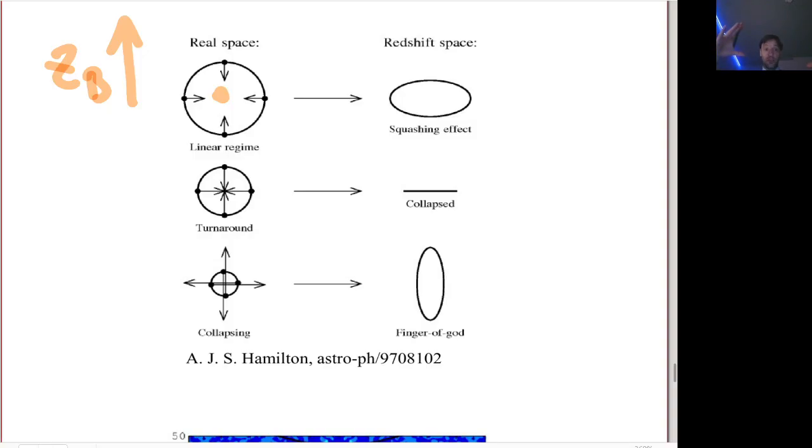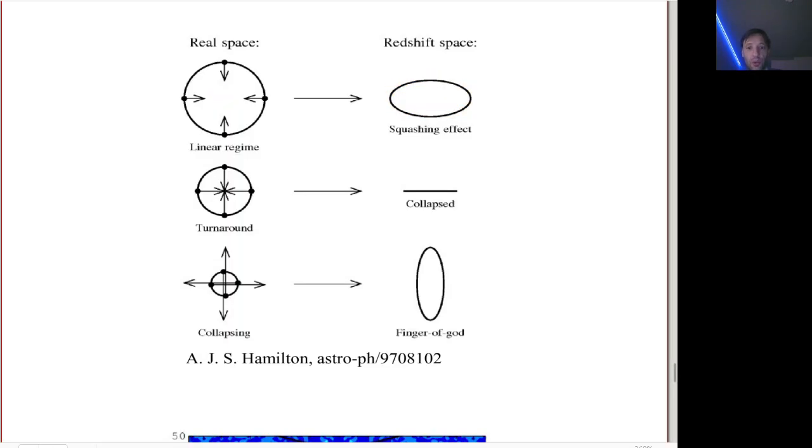On large scales you have low velocities that contribute at lowering the redshift of this portion and increasing the redshift of this portion, because these two redshifts are working together, whereas this little redshift is suppressing the bulk flow of your structure, and this gives you this squashing in the redshift space.